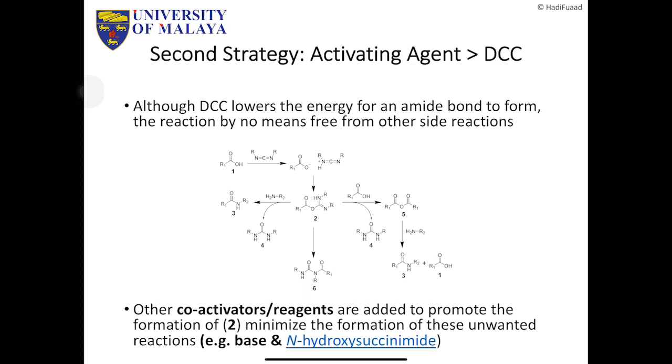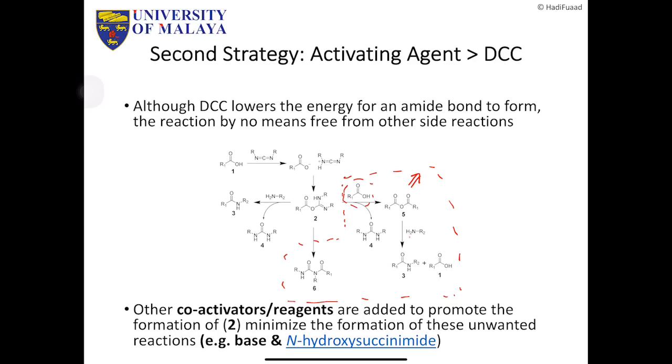Although DCC lowers the energy for an amide bond to form, the reaction is by no means free from other side reactions, as you can see in this section. These are some of the side reactions that can occur when you activate an amino acid using DCC. For example, it can self-react with a free carboxyl group that has not been activated, forming an anhydride-like structure.